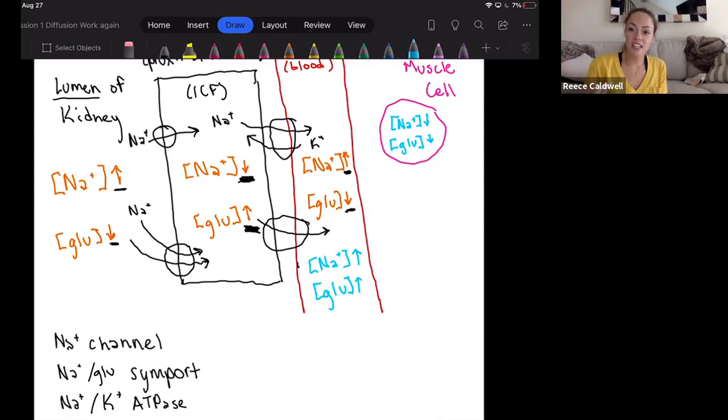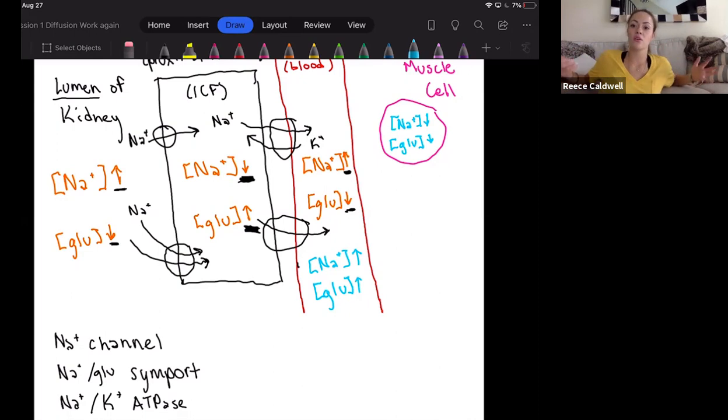So what we're going to see is that, beginning with sodium, sodium will just move by simple diffusion with its concentration gradient from an area of high concentration to an area of low concentration. Remember, it is a charged molecule, so we'll simply use another one of those sodium channels to move it on through, just creating a hole in the membrane.